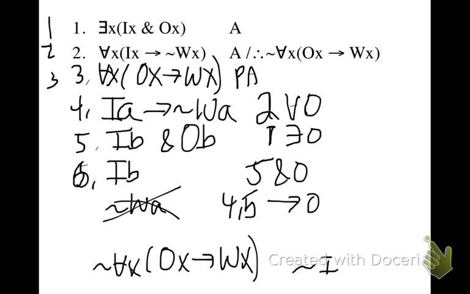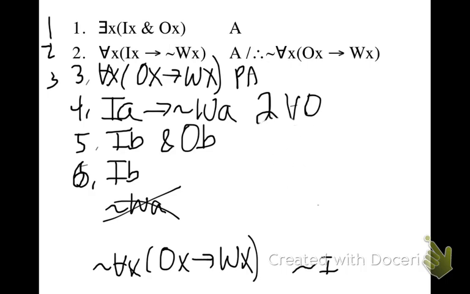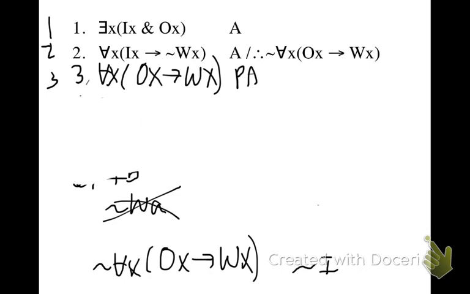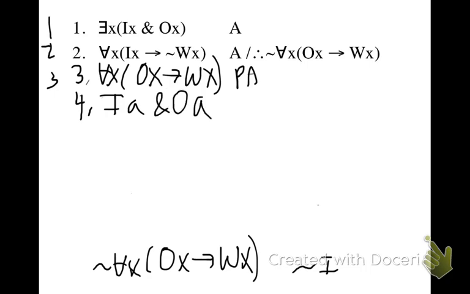So what we want to do instead is we want to do the existential formula first. So IA and OA by 1 existential out, and that'll depend on 1.